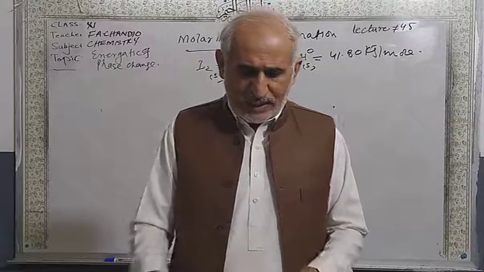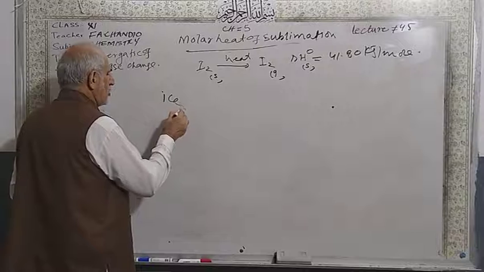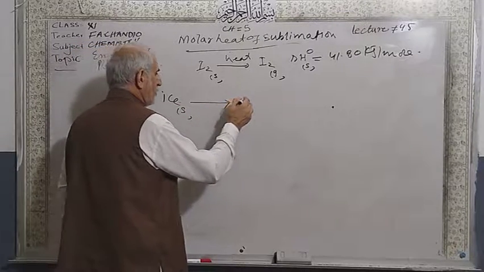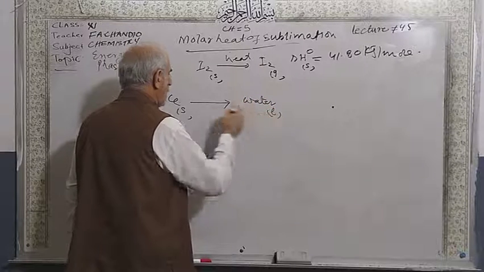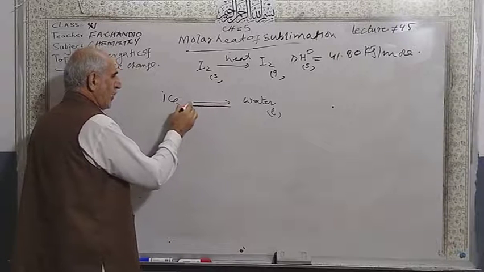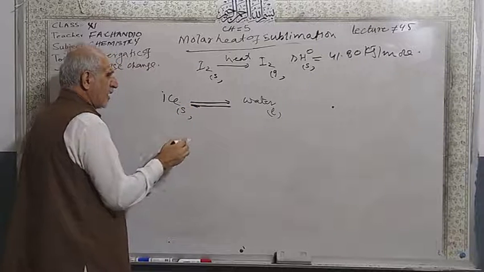So dear students, there is ice, solid, which changes into water, liquid. This is the dynamic equilibrium. We will discuss it in chapter number 7.